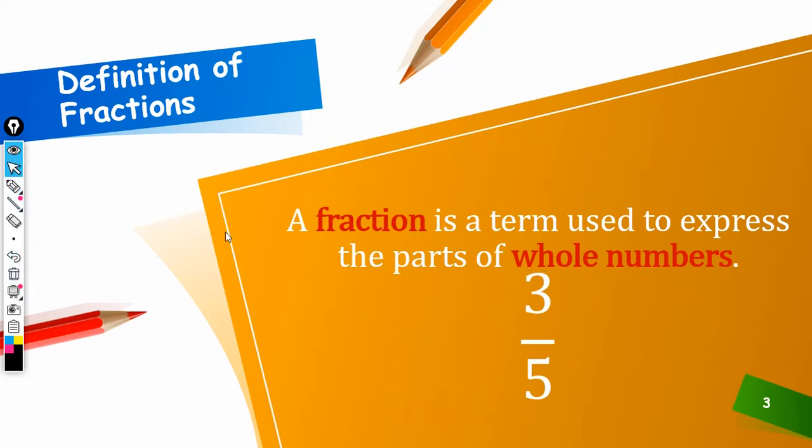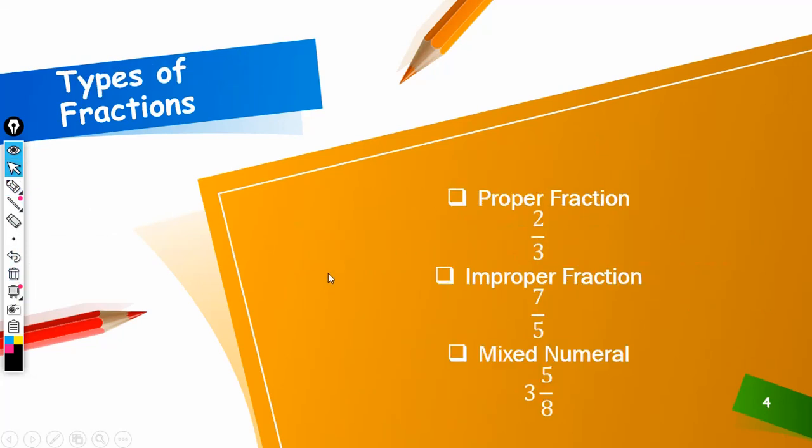Now let's continue with the next part, which is types of fractions, jenis-jenis pecahan. The first one is called proper fraction. Proper fraction is a fraction where the numerator is less than or smaller than the denominator.